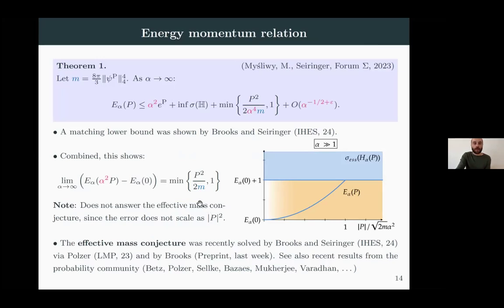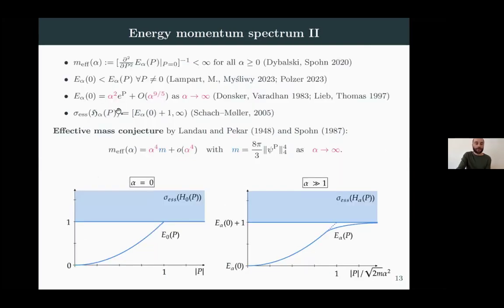And now the first result is from a paper with Christoph Mischli and Robert Saringer. We showed an upper bound for this energy momentum relation in terms of these 3 terms. So there's the leading order term that's again this semiclassical Pekar energy, and this is the one that should be expected from this expansion by Donsker and Varadhan and Lieb-Thomas for the energy at momentum 0.